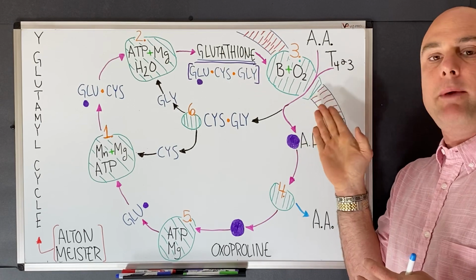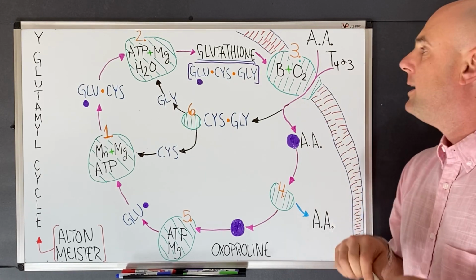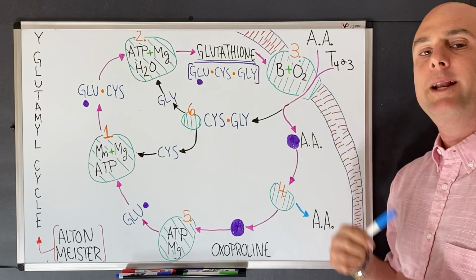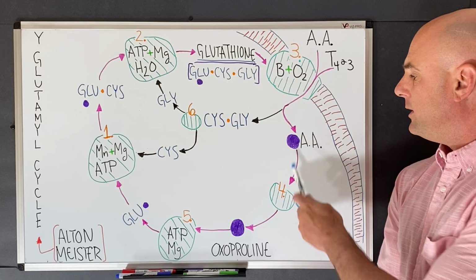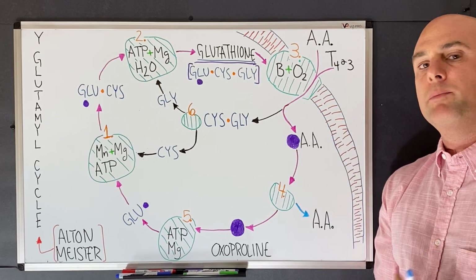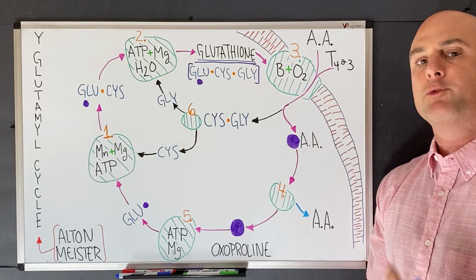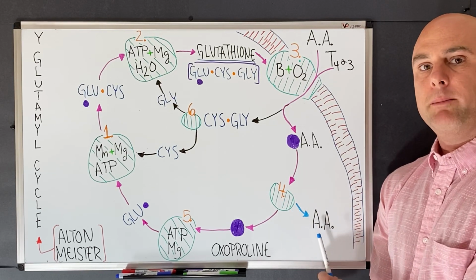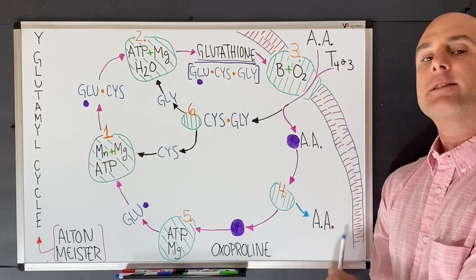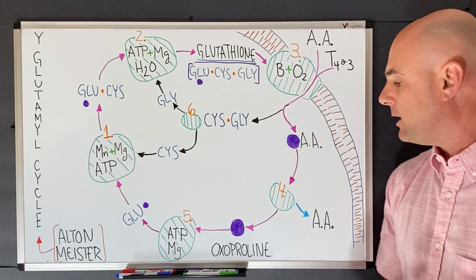And when the glutamate amino acid is pulled off the glutathione, that's when we're able to pull an amino acid from outside the cell into the cell. Now, this glutamate residue now has an amino acid attached to it inside the cell that was formerly outside the cell, and it's enzyme 4 that strips glutamate of this amino acid, allowing it to be free in the cell.